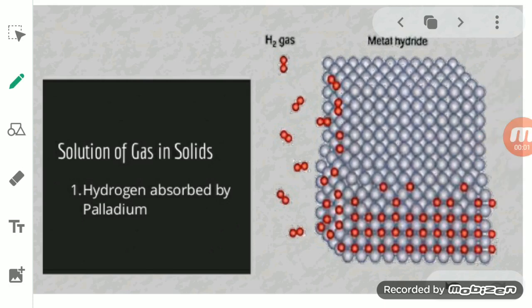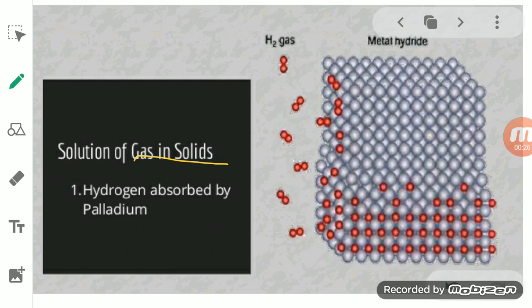Now we will see solution of a gas in a solid. So this is a solid, and you see when hydrogen gas is absorbed by this solid metal, then we can say that it is a solution of a gas in a solid.